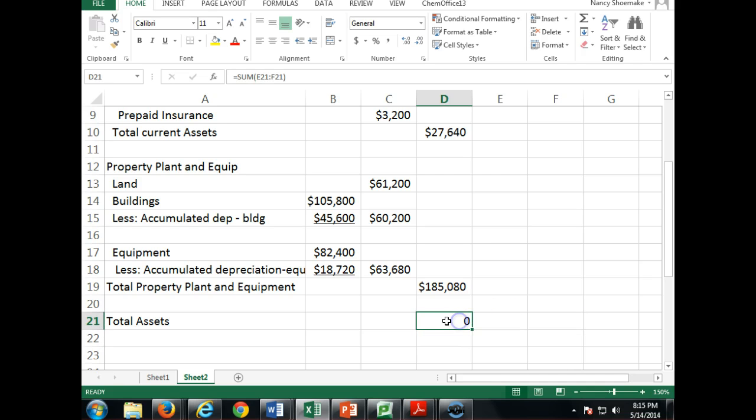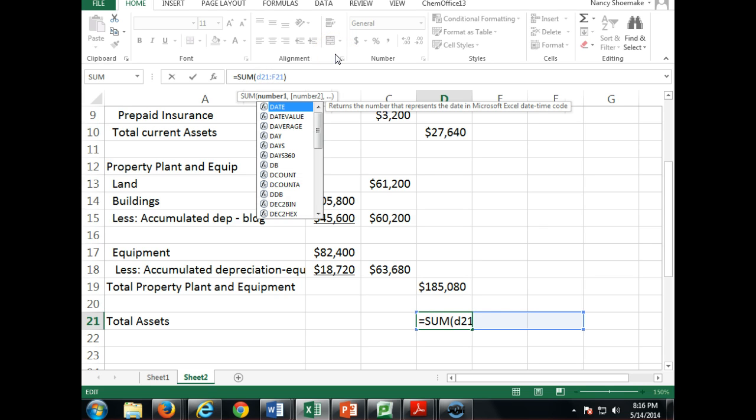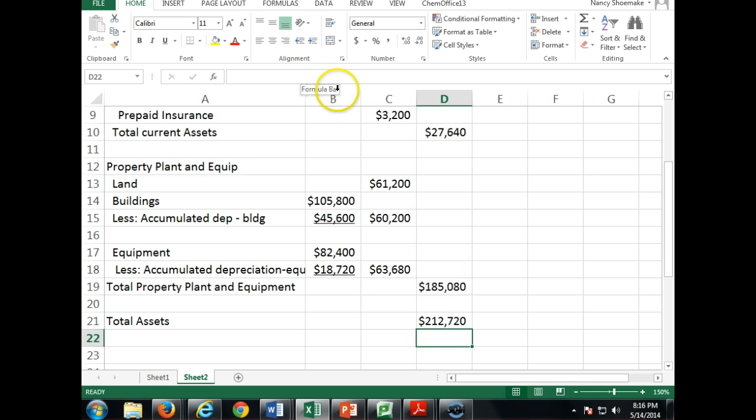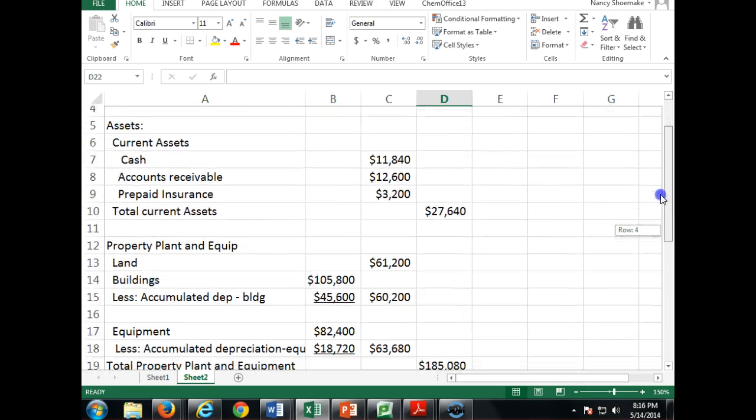Adding the cells through D19, $212,720. Do you see how we're breaking them down by category?